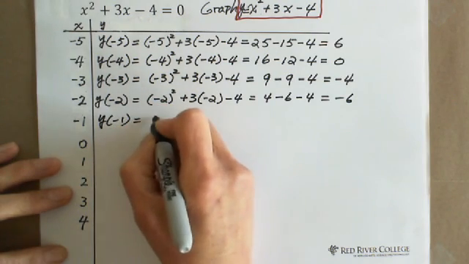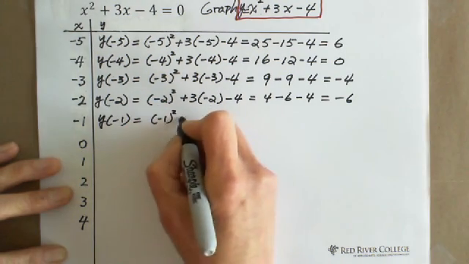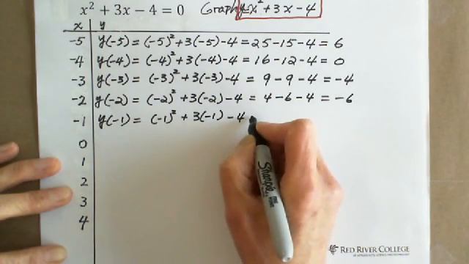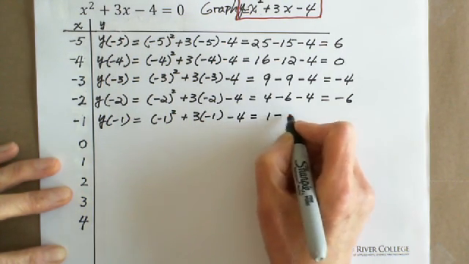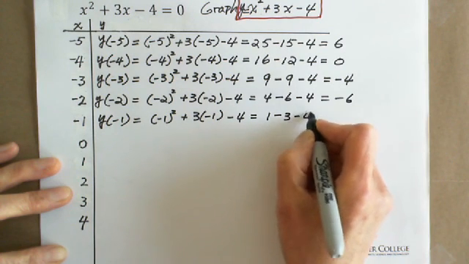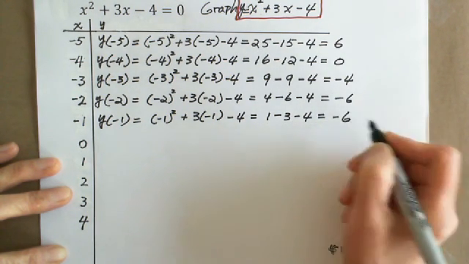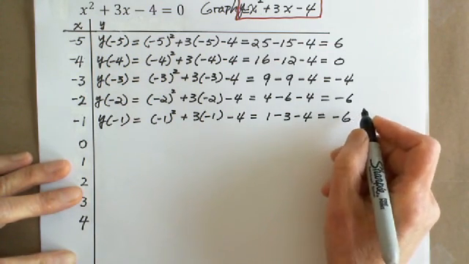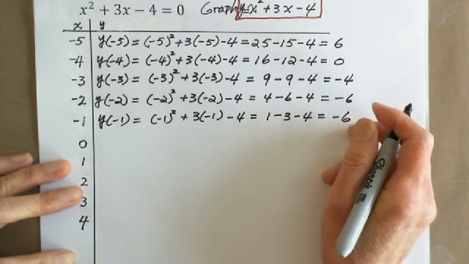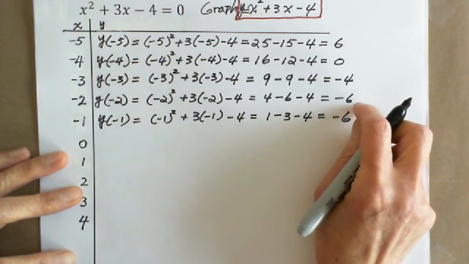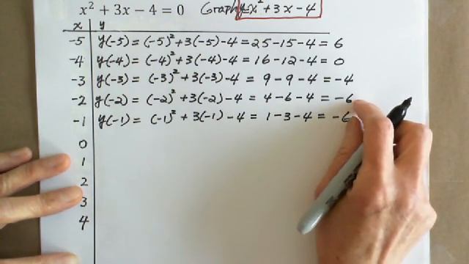Then for x equals -1, we have -1 squared plus 3 times -1 minus 4, which is 1 minus 3 minus 4. This gives us another -6. These two are the same. That means between these two, we need to choose another number. I will explain in more detail later.